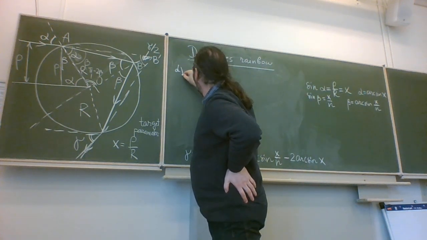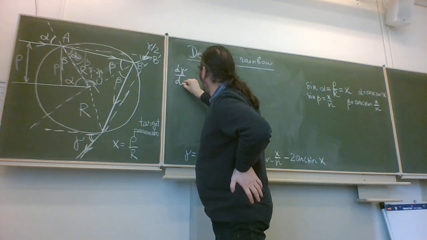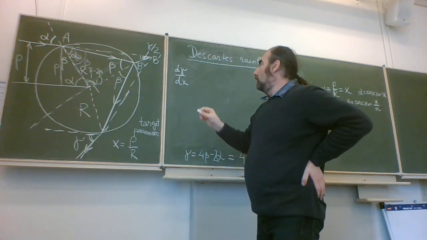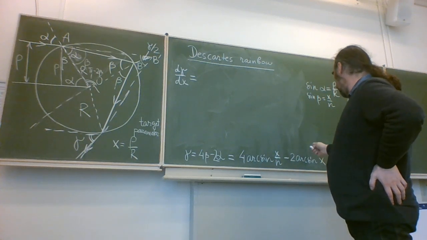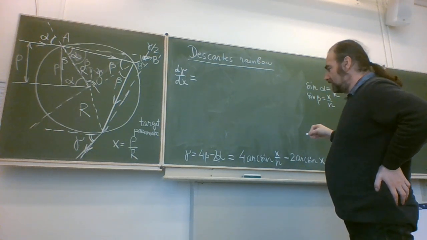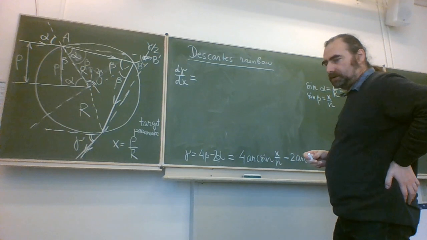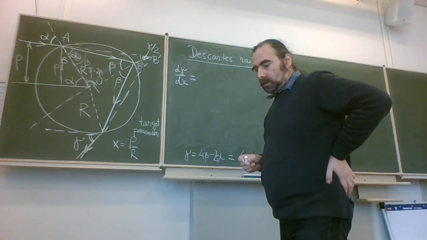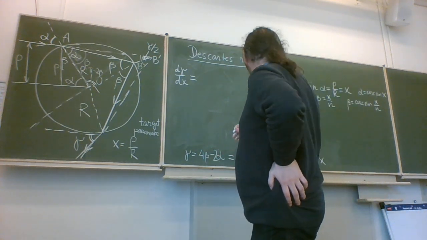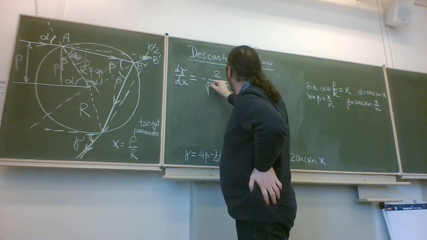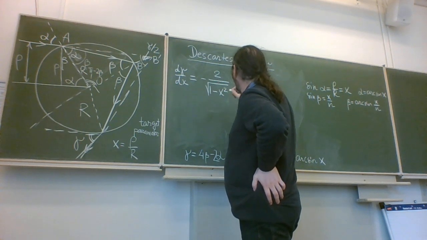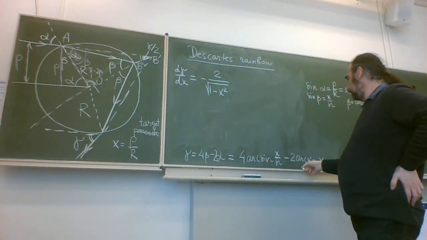So d gamma over dx. The derivative of the arc sine is 1 over square root of 1 minus x squared. So I get minus 2 over square root of 1 minus x squared from here.